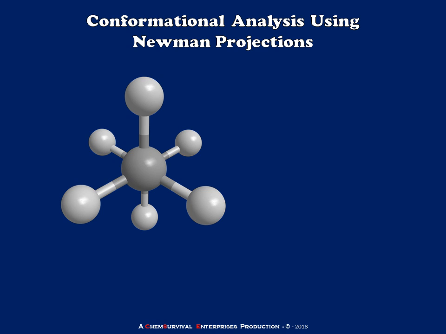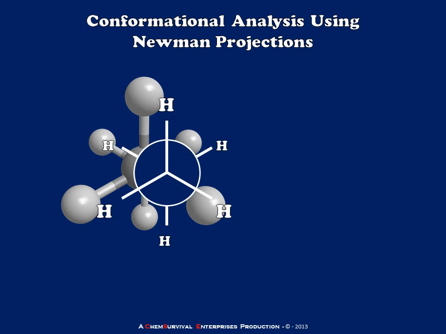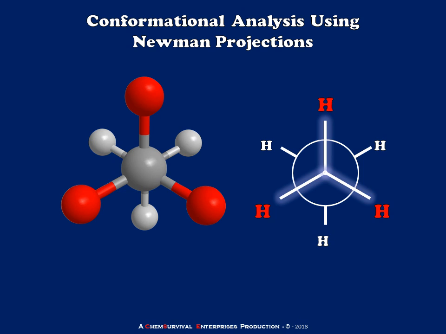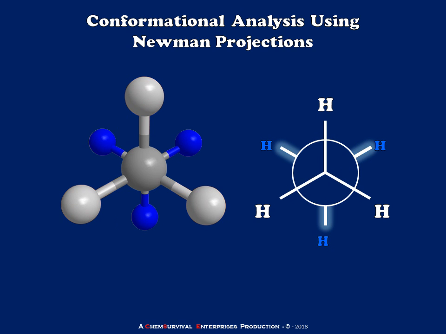In this perspective, it's much easier for me to see the exact angles between and among the hydrogens on adjacent carbons. And we can draw this in a shorthand version called the Newman projection. The real utility of the Newman projection is that it shows us the atoms in the front, indicated by lines for their bonds that go all the way to the center, and atoms in the back by their bonds being clipped off at the perimeter of the circle.